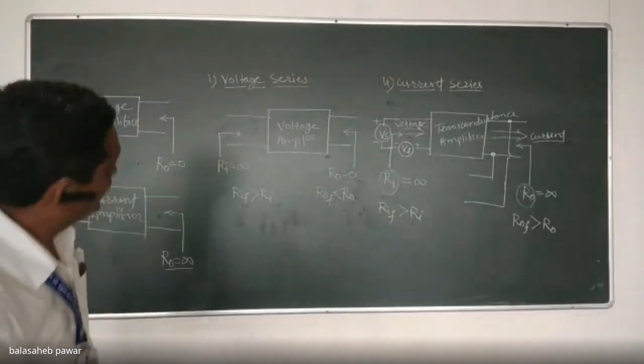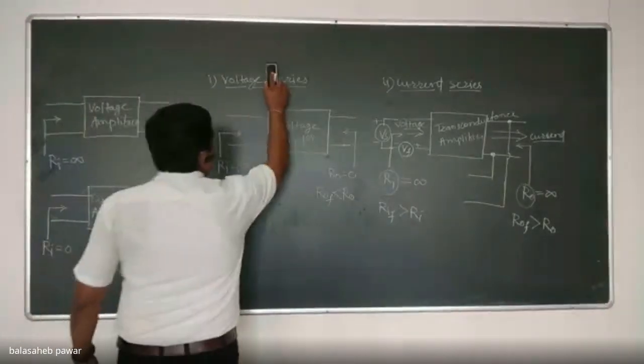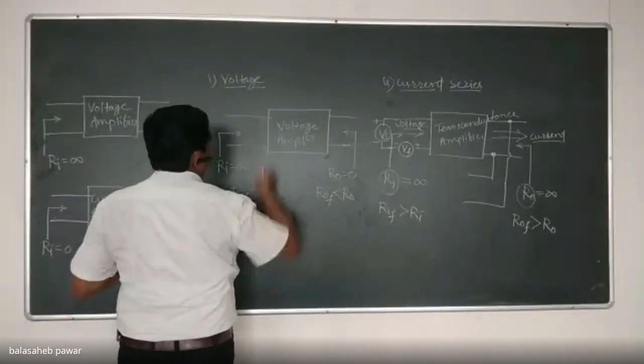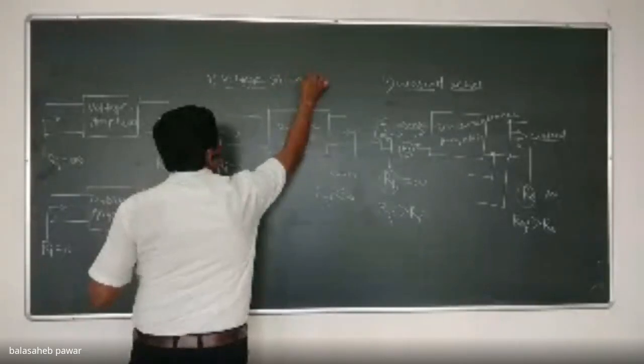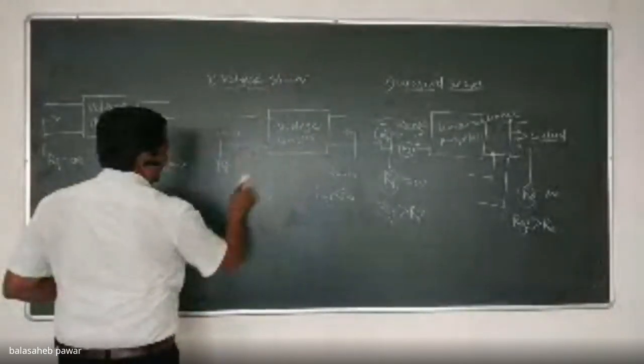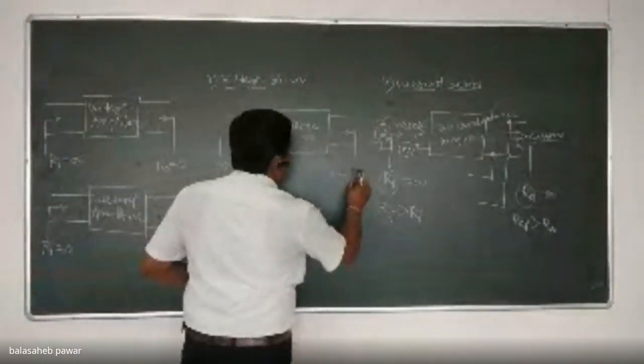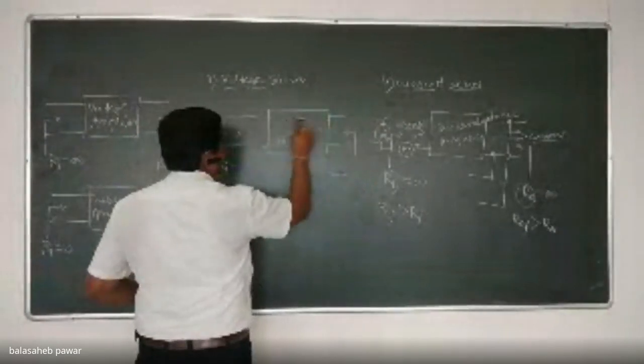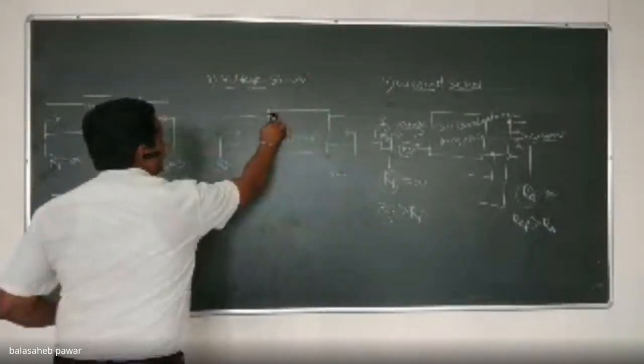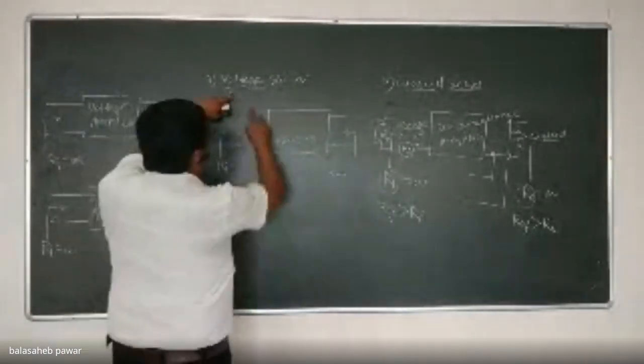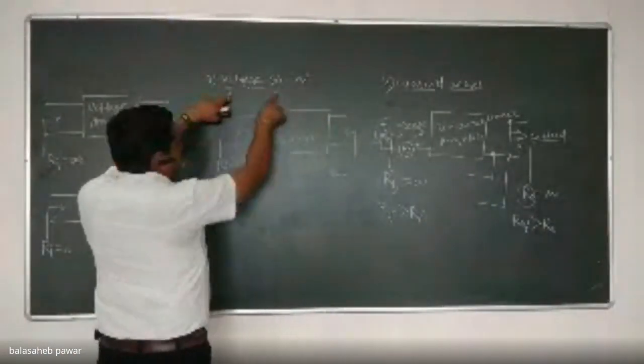Now switch to the next topology, suppose voltage shunt is taken. We will see for voltage shunt what kind of amplifier will be there. That means the sample taken is voltage and mixing is done in shunt.